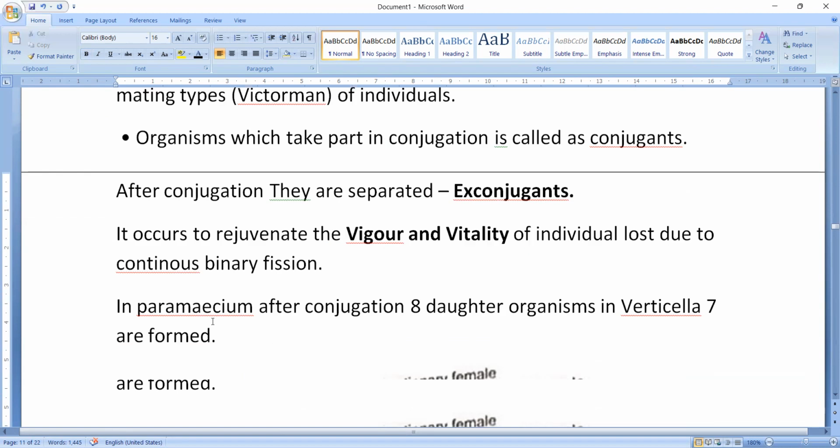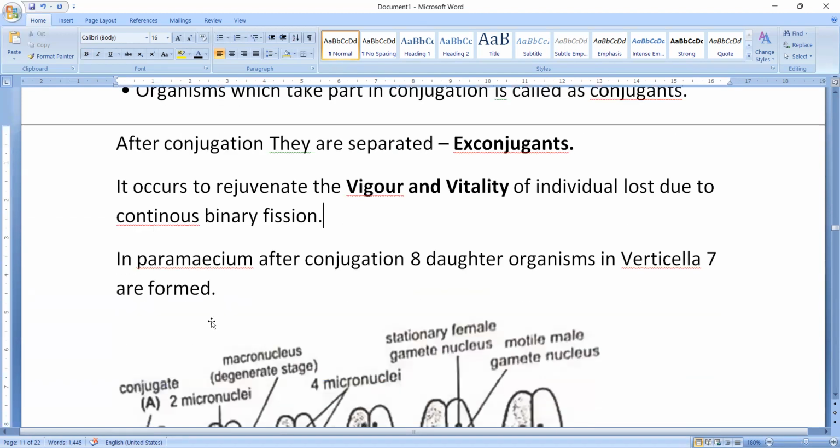In Paramecium, after conjugation, 8 daughter organisms are produced, and in Vorticella, ultimately 7 offspring are produced.